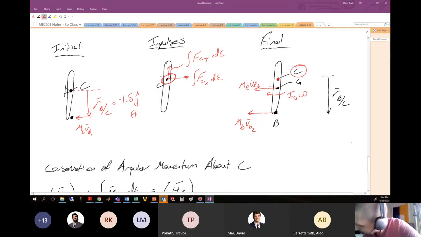So point G will be on a circular path around point C, and point B will also be on a circular path here about point C. That means I have kinematic relationships between the velocity at point B and the angular velocity of the piece, as well as the velocity at the center of gravity and the angular velocity of the piece.